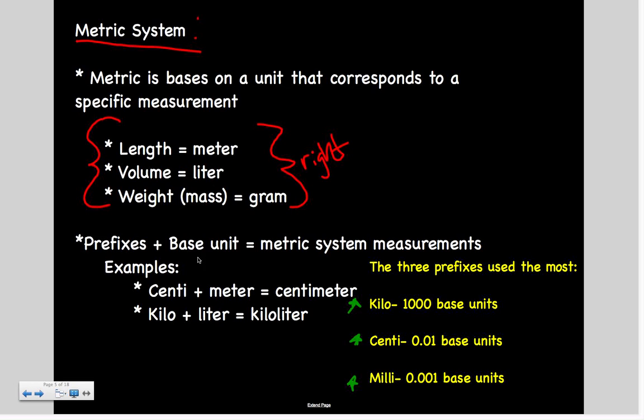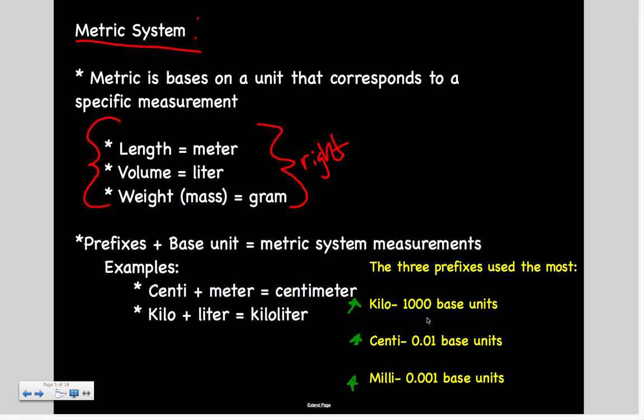The prefix and the base unit give me my measurements. So centi plus meters gives me centimeters. Kilo plus liter gives me kiloliters. The three prefixes we use the most, like I said in the other slide, are kilo, centi, and milli. So kilo is 1,000 base units.